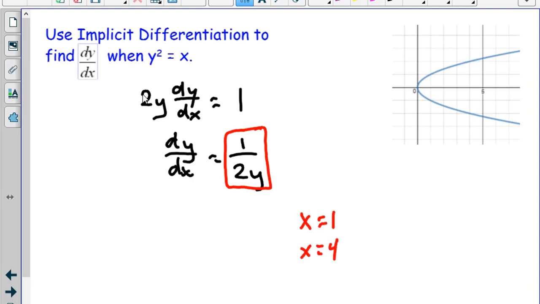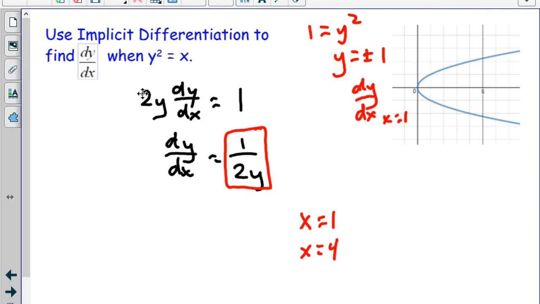This question isn't asking for that, but if I have a situation like this, I can look at where x equals 1 equals y squared. Well, what's going to be my values for y? Y equals plus or minus 1. And if I substitute those values into my dy dx, I get dy dx at x equals 1 of the function y squared equals x is going to be 1/2 and negative 1/2. So I'm still going to get the same stuff, except this ends up being a little bit easier sometimes.